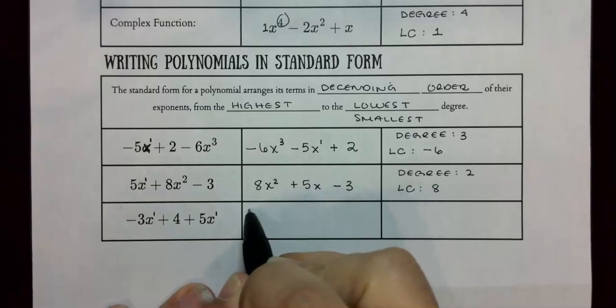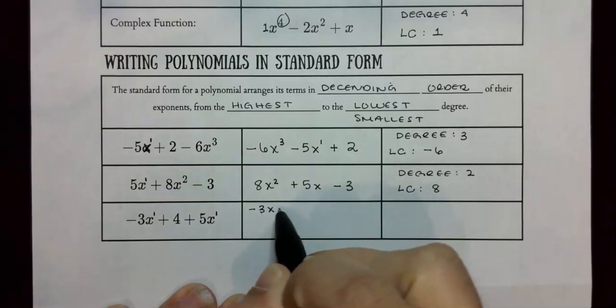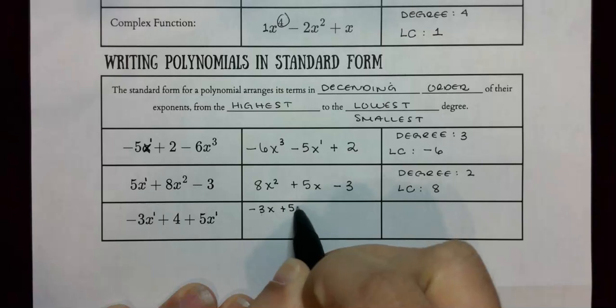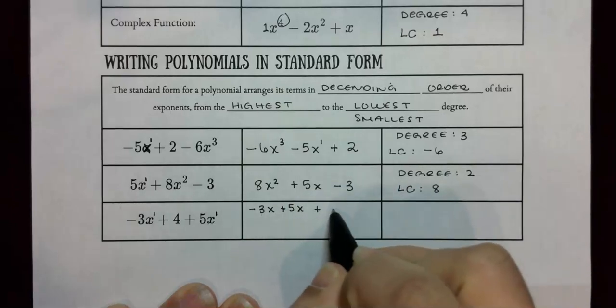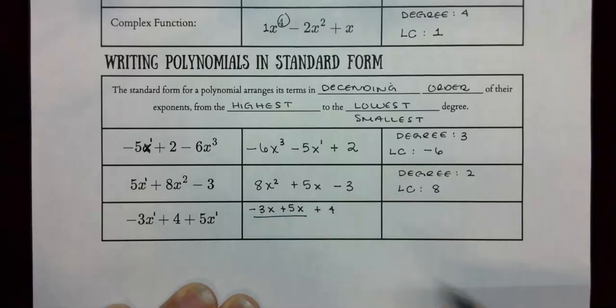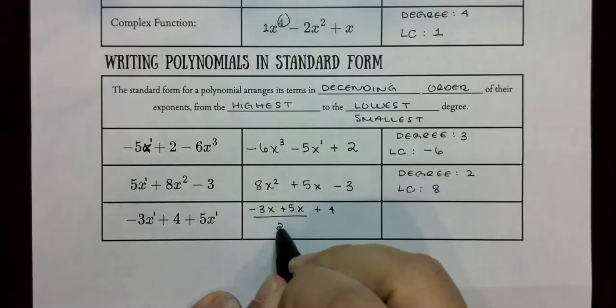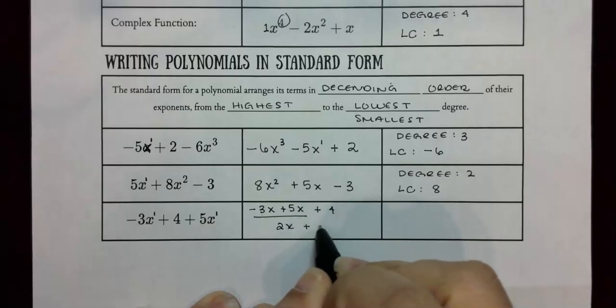It doesn't matter what order we put these in because they both have the same degree. So I'm just going to put them next to each other like this. And when I realize that these are like terms, same variable, same exponent, I can put them together. So if I take negative 3 and add 5, it will give us a positive 2x plus 4.